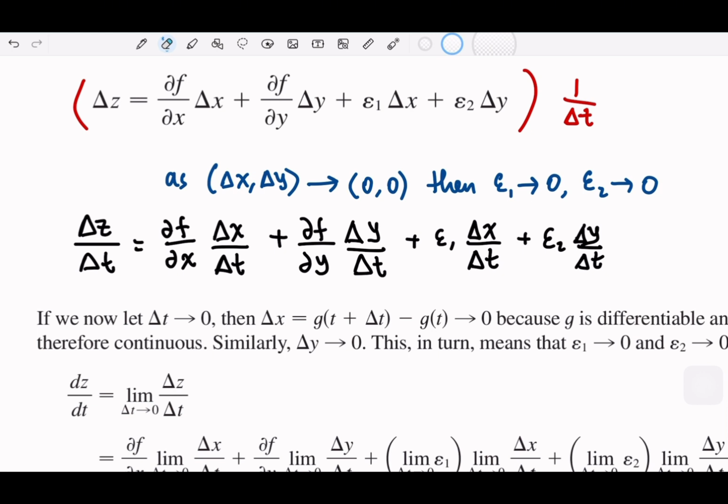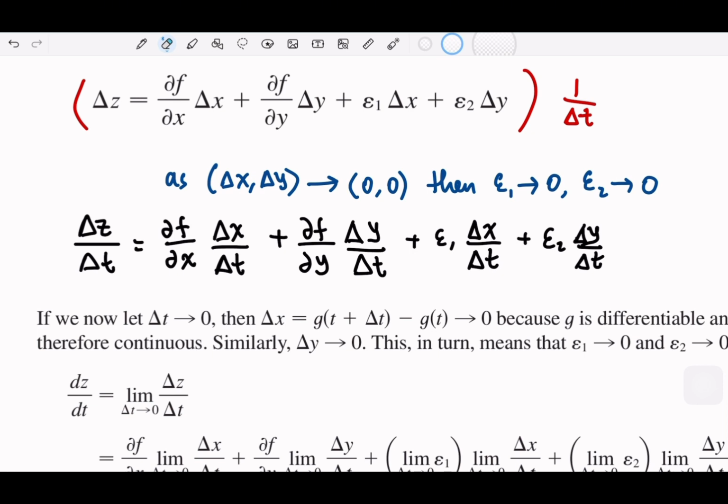And then by similar definition, we can take delta y approaching 0, which means when we have this and this, delta x and delta y both go to 0, so this is going to be 0 and 0. So we could say that this dz over dt, in terms of limit definition, is just like a regular limit.